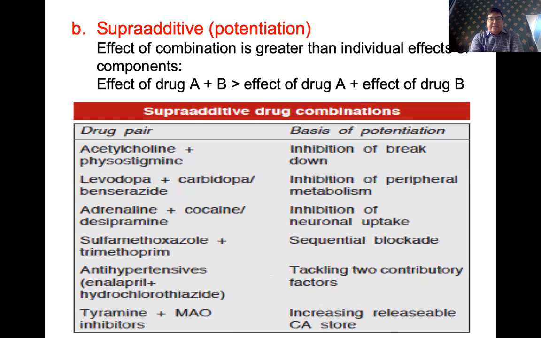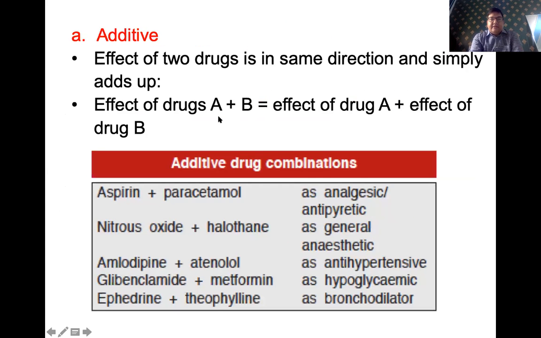So the synergism can be additive, where the effect of drug A plus B is equal to the effect of drug A plus drug B. Example is aspirin plus paracetamol as analgesic, because both the drugs have similar actions, so they will simply add up.